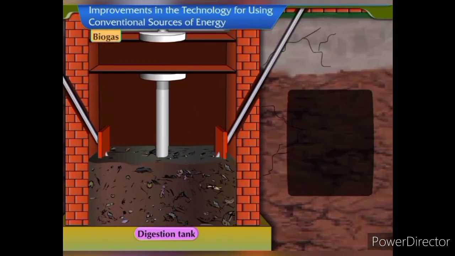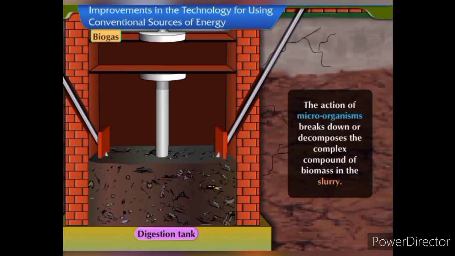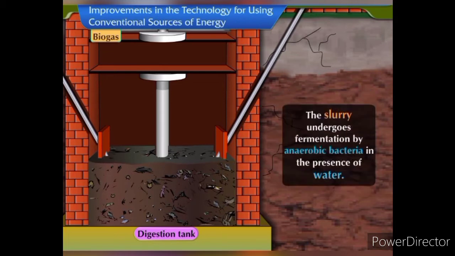Inside the digester, the action of microorganisms breaks down or decomposes the complex compound of biomass in the slurry. The slurry undergoes fermentation by anaerobic bacteria in the presence of water. The process takes place for few days.